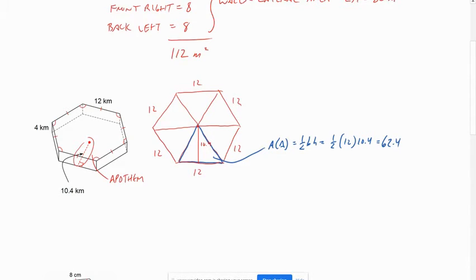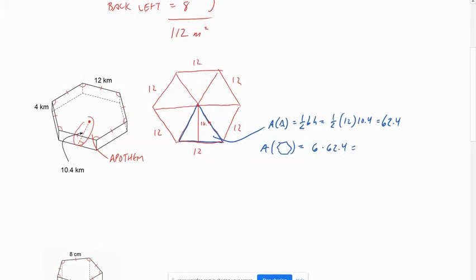And so that's just a single triangle. Now we have 6 of those. So the area of the hexagon is 6 times 62.4, because we have 6 triangles altogether that make up the hexagon.